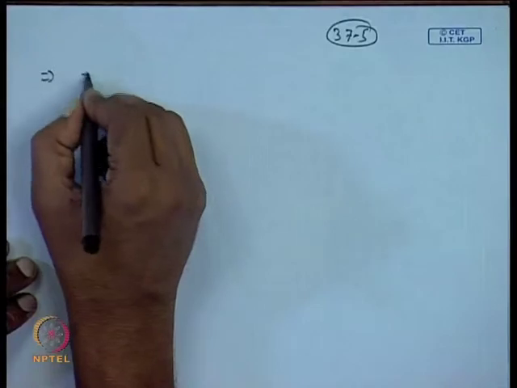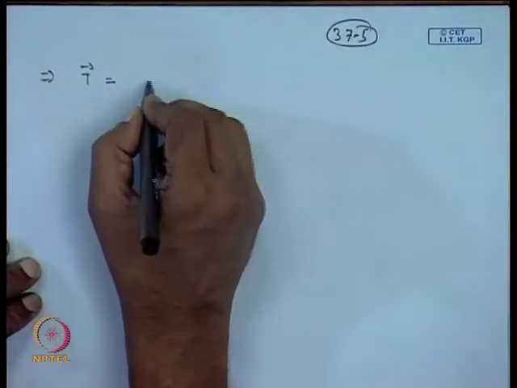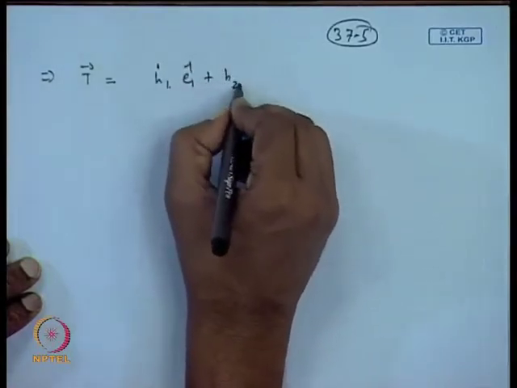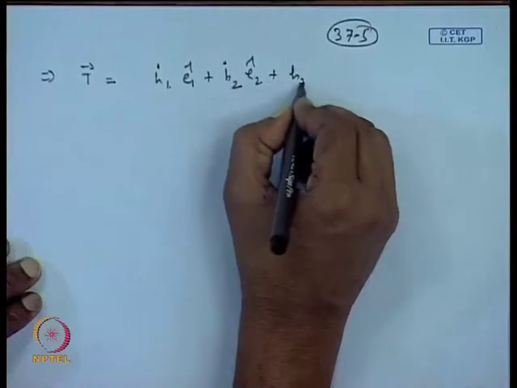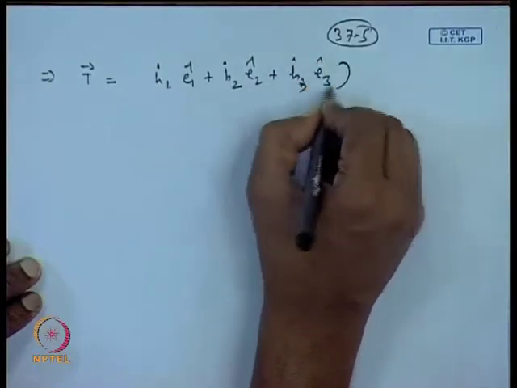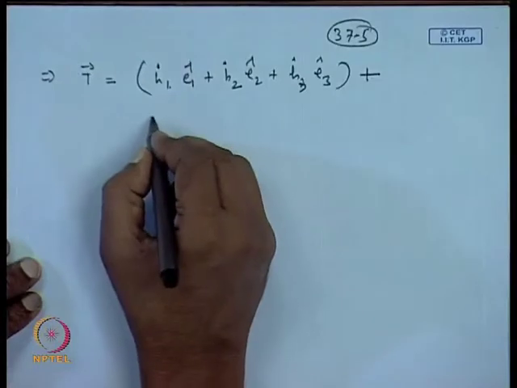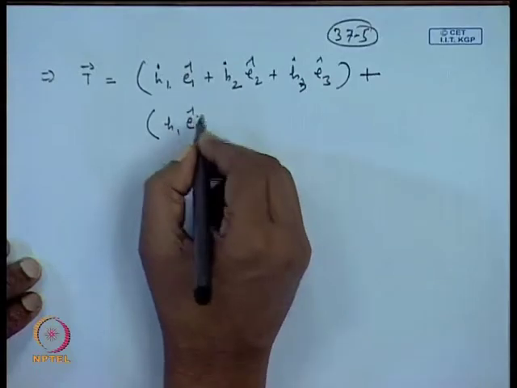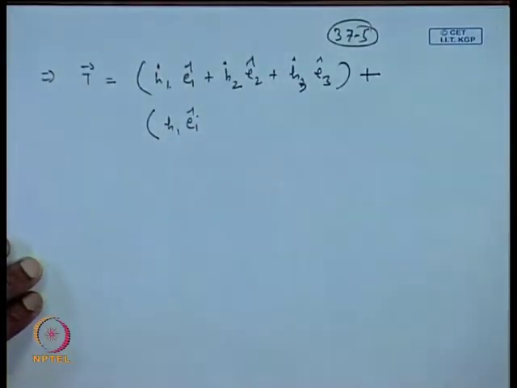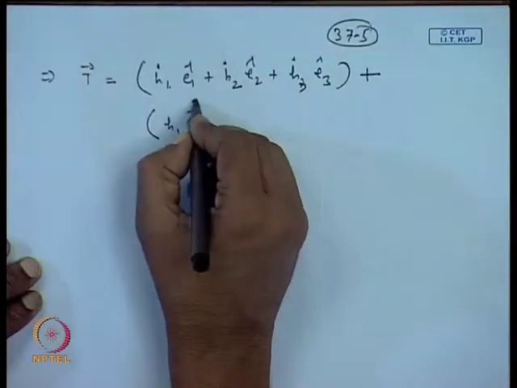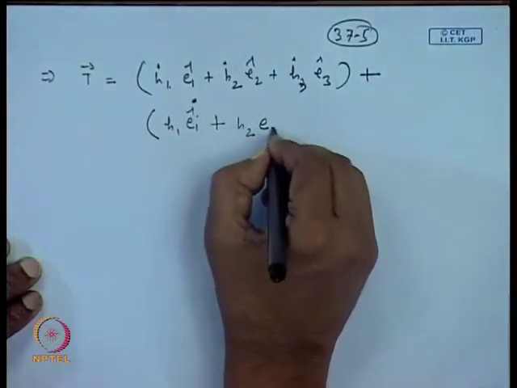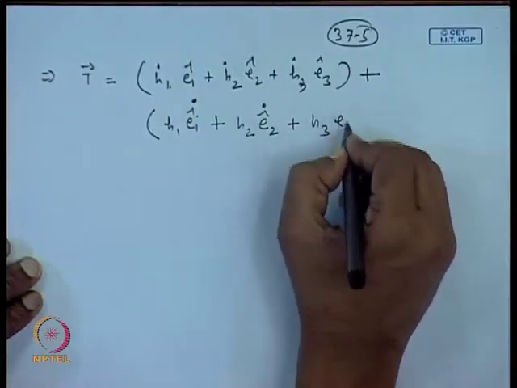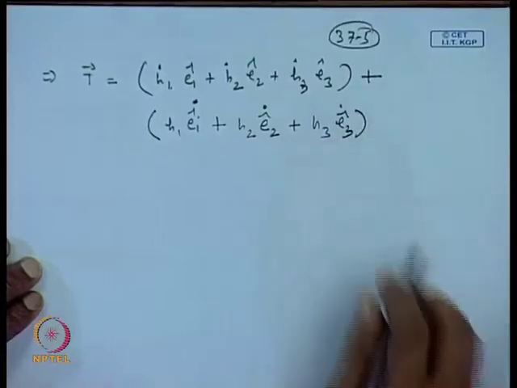So, this implies torque is equal to H1 dot E1 cap plus H2 dot E2 cap plus H3 dot E3 cap plus H1 times E1 cap dot and so on up to E3 cap dot.